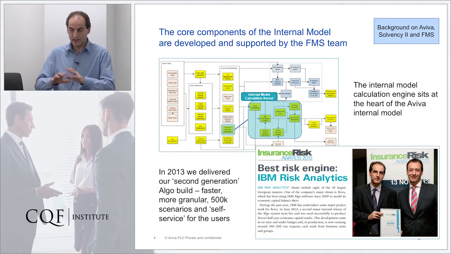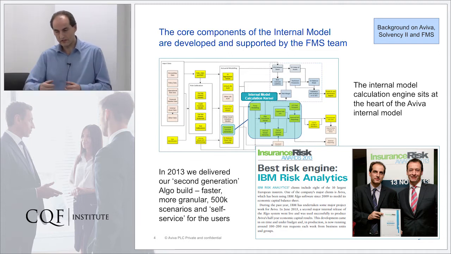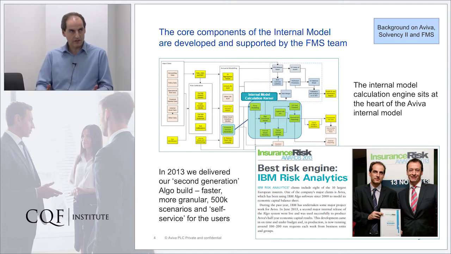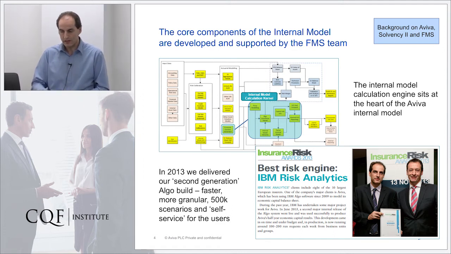Then we look at the tail and look at the 1 in 200 VaR, and that generates our capital number. And all along we've been putting Algo at the heart of the internal model.